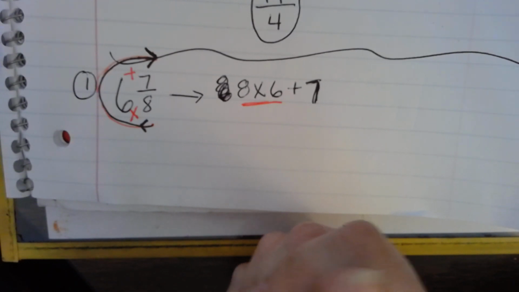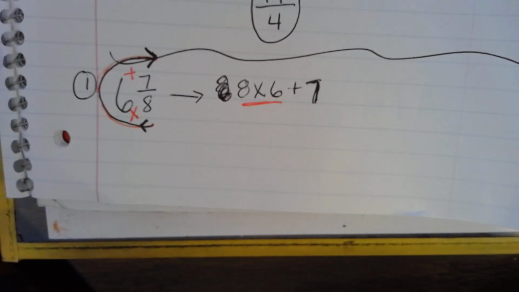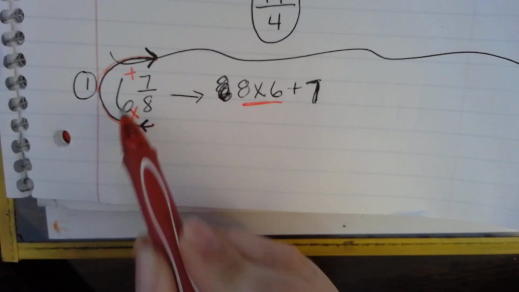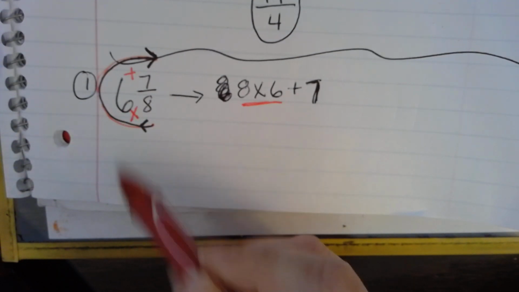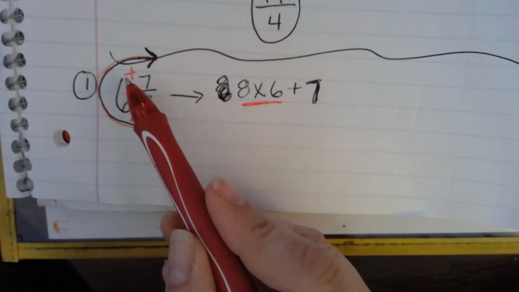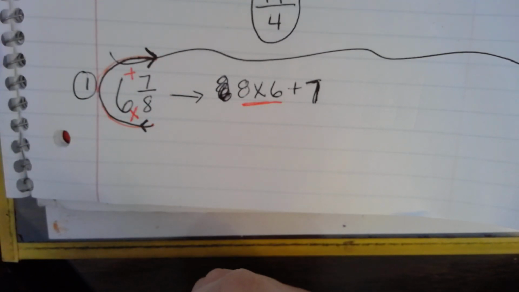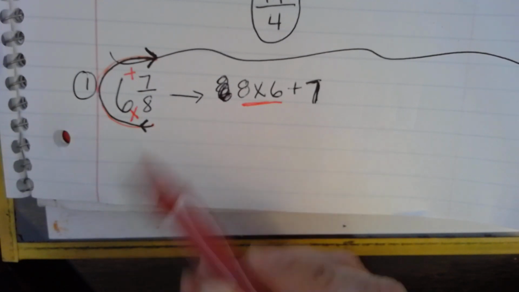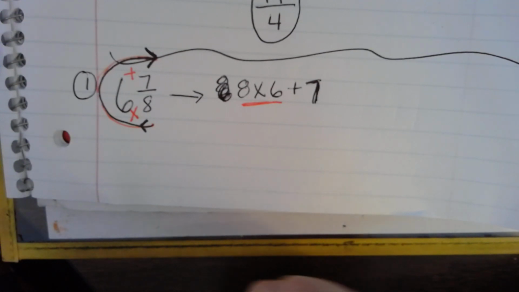So I have 6 cakes and then 7 pieces left out of the 7th cake. So I am multiplying 8 times 6 to show I have 48 slices inside those 6 cakes, plus another 7 slices in the last cake. Once I do that, I then put it over 8 because that's how many I need to make a whole, and that's my improper fraction.